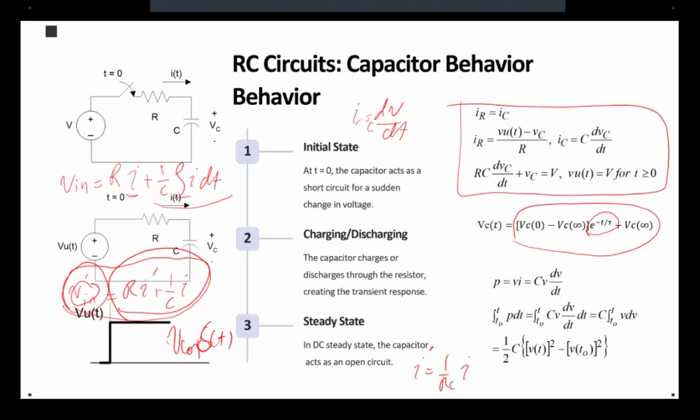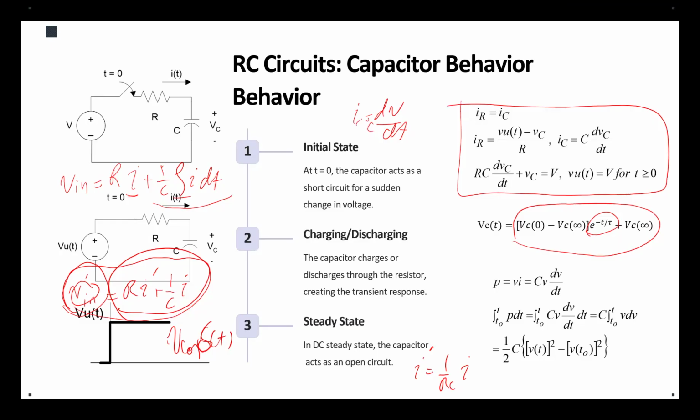We already talked about that. The function that satisfies such a condition is exponential. Remember that? So we can easily find the function in time that describes the current.